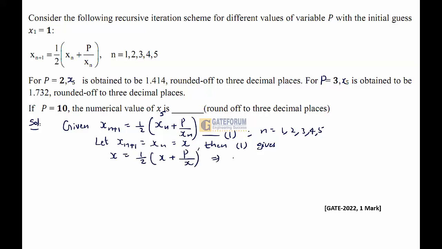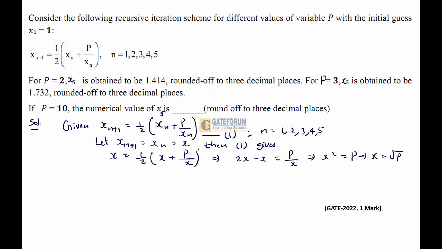This simplifies to 2x minus x is equal to p by x. This simplifies to x square is equal to p. So this recursive iteration scheme is derived from the function or equation x square minus p is equal to 0 by Newton-Raphson method, or this is also nothing but square root of p. x is equal to square root of p.